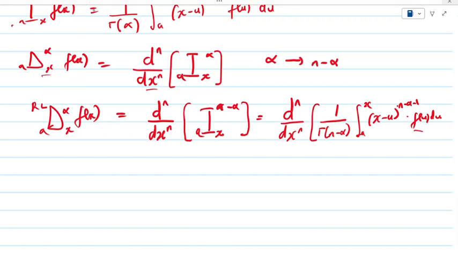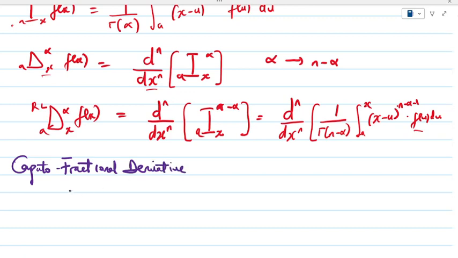But however, we also have the Caputo fractional derivative.